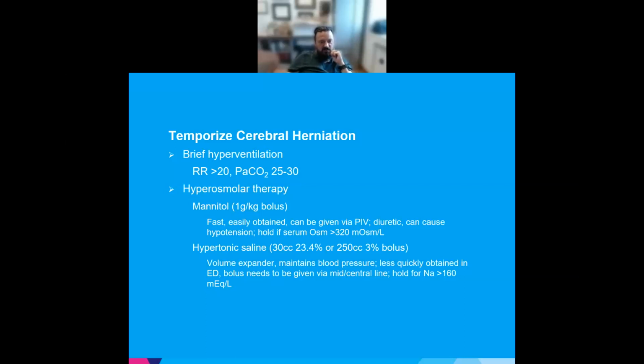Usually we use 30 cc's of 23%. If you do use 3%, then it should be about 250 cc's to equal the same amount of sodium. The reason it's typically our go-to is that hypertonic saline is a volume expander, so it maintains a patient's blood pressure and cerebral perfusion pressure better than mannitol typically.